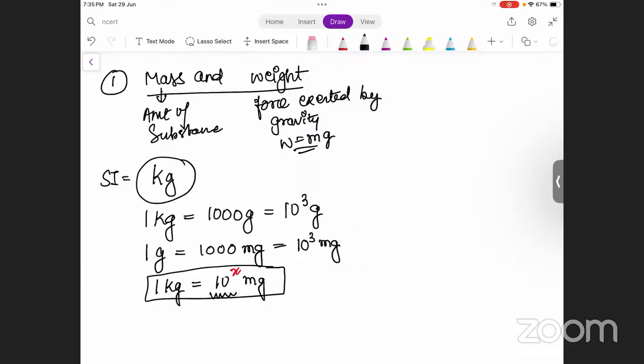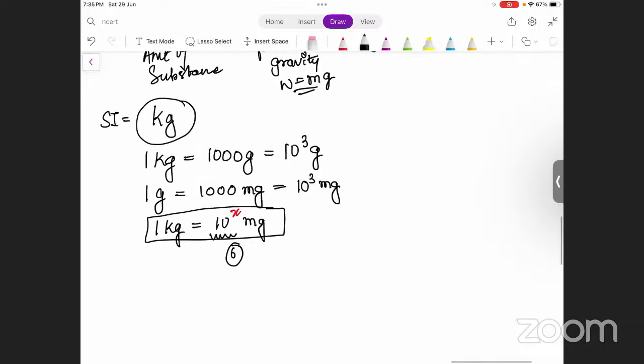And by then we'll move on to the next physical quantity. Yes, yes, it will be 6. So 1 kg will be equal to 10 raised to the power 6 mg.